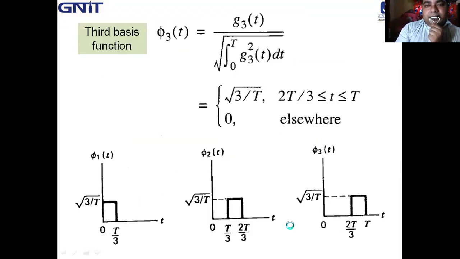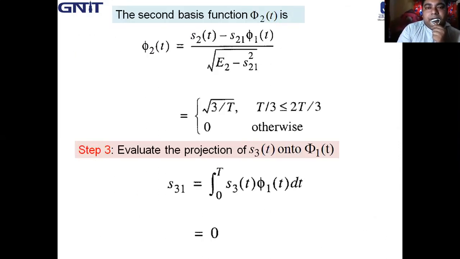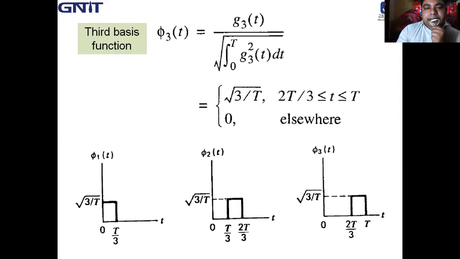The second basis function phi 2(t) exists for T by 3 to 2T by 3, and the amplitude is again root over 3 by T. And the third basis function exists for 2T by 3 to capital T, and the amplitude is root over 3 by T. So these are the basis functions.